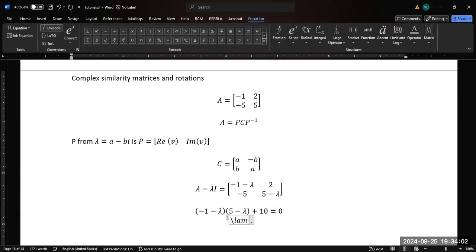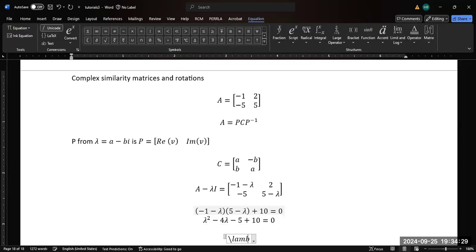And when we multiply this all out, we're going to have -5 and plus 1. That's going to be -4 lambda in the middle, and then -5 plus 10 is going to be 0.